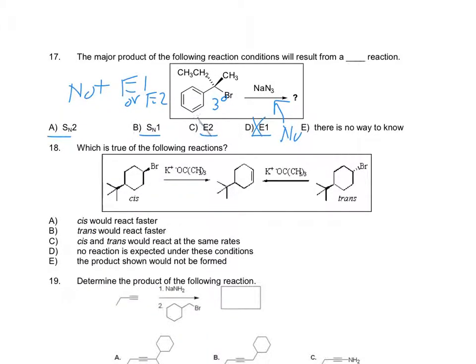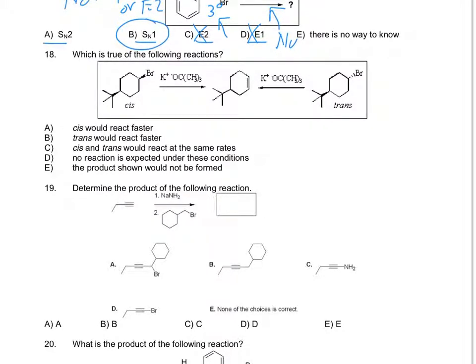So let's cross those off. And then tertiary favors SN1 very much over SN2. So we know that it's not SN2 because of the fact that it's tertiary. So we're going to choose B as our favorite answer here.